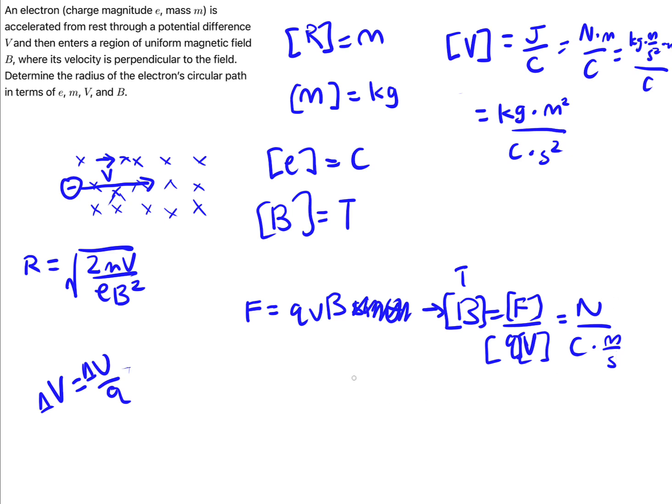And again, we can break down newtons into kilogram times meters per second squared. And now we can simplify this a bit. So this cancels, and also this cancels. So B is really just kilogram per coulomb times second.